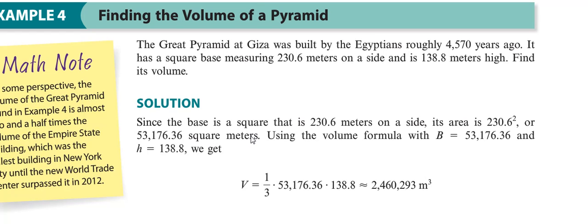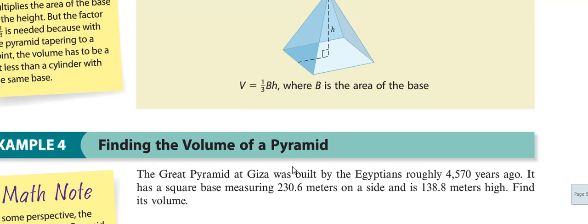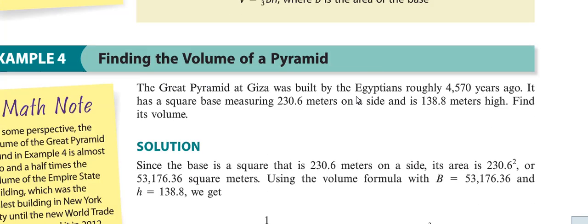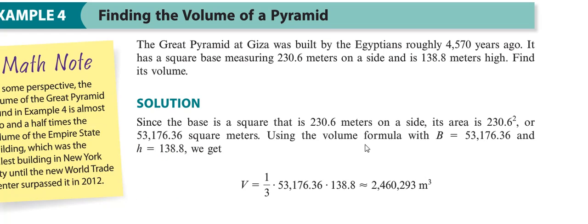That's what you get for the area of the base, and that's what big B represents in the formula. You see, big B here is the area of the base, so we're going to have 1/3 times that number, and then times the height, and that's what we have in the formula here. We have 1/3 times what we got.